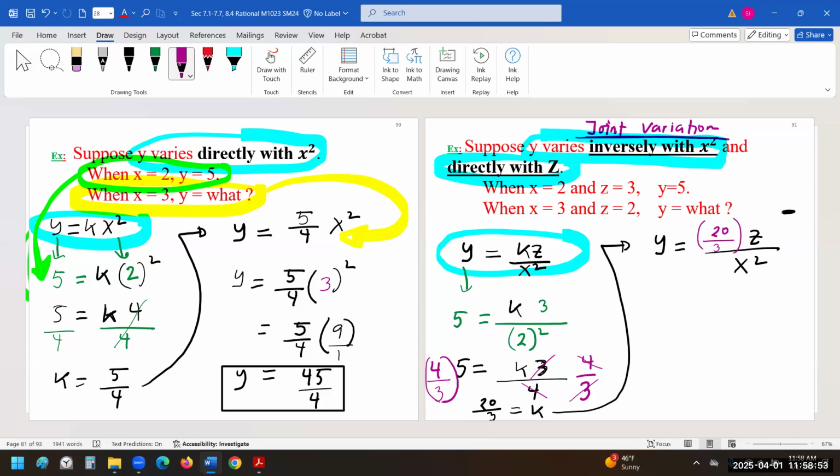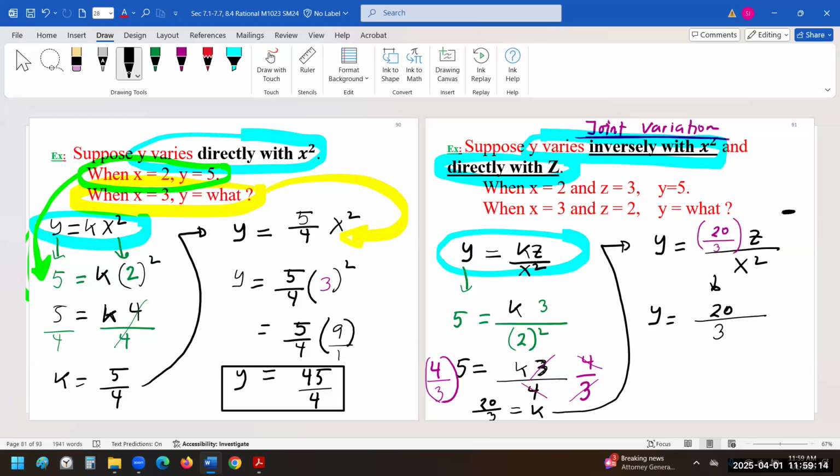But it does look complicated, right? So instead of writing it this way, we can actually rewrite it as y equals 20 on the top, 3 on the denominator.